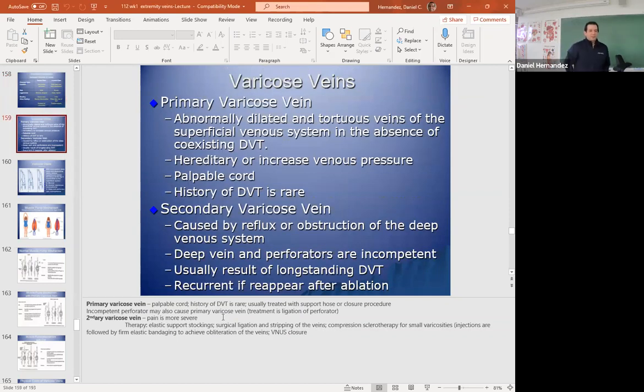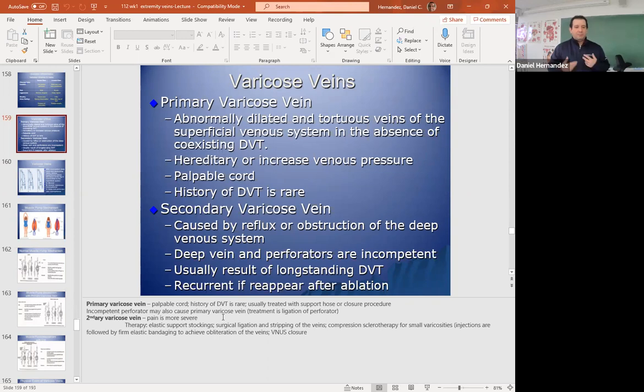So when we're talking about varicose veins, they can be broken down into two subsets, primary varicose veins and secondary varicose veins. Primary varicose veins, the way I think about it, is just reflux in the superficial veins that happens, maybe due to hereditary issues.